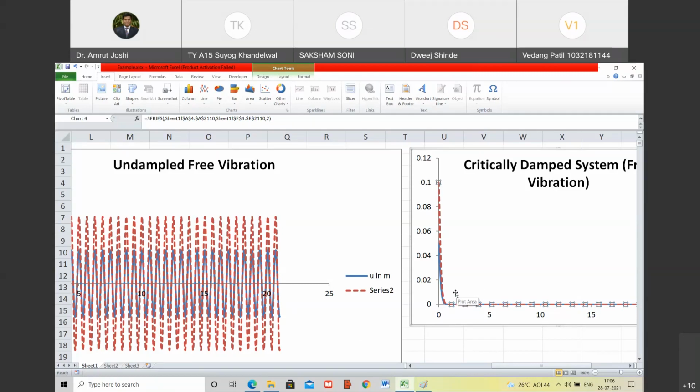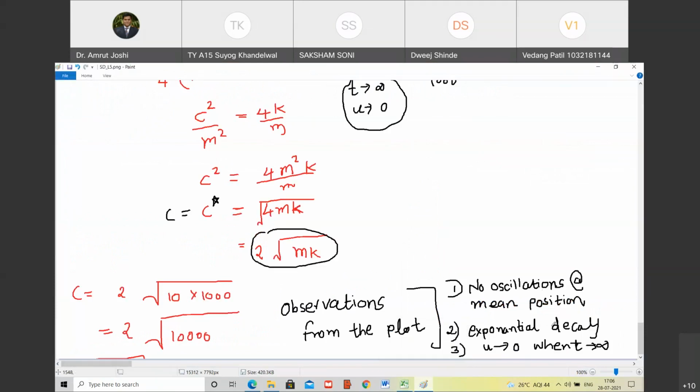Happy? This is the second observation that we can make. It exhibits the exponential decay of displacement. Are you with me? And u tends to 0 when t tends to infinity. So the system will come to at the most the mean position at time t equal to infinity. Happy? These are the three observations that we make for a critically damped system.